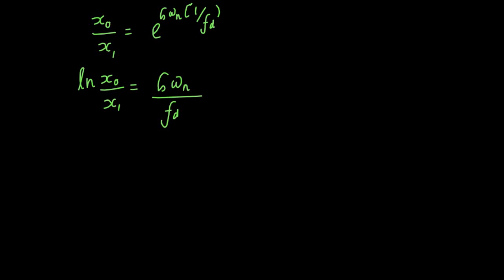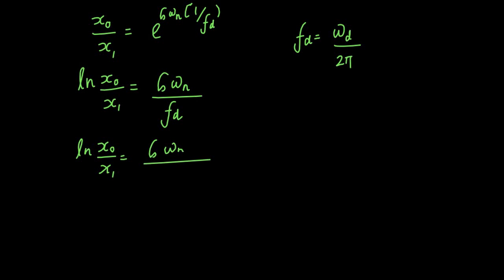But the damped frequency is simply the damped frequency in radians per second divided by 2 pi. So plugging that value gives the natural logarithm of x naught over x1 is equal to zeta into omega n divided by omega d divided by 2 pi.